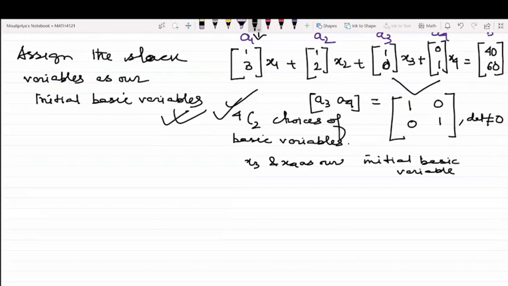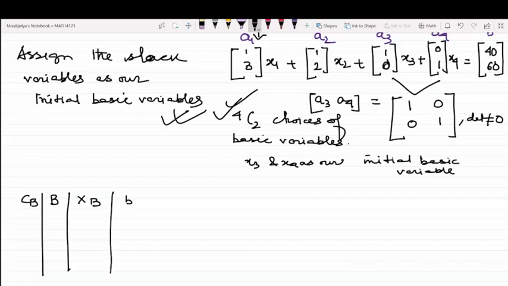What we do is it comprises certain rows and certain columns. The first row is CB, the second row is B, then XB, small b, A1, A2, A3, A4.